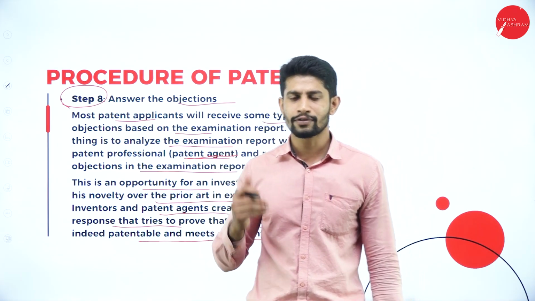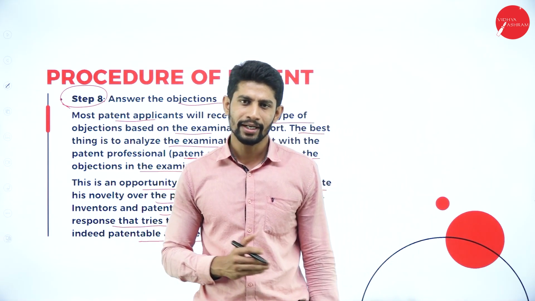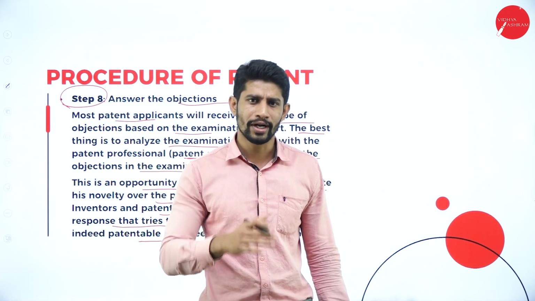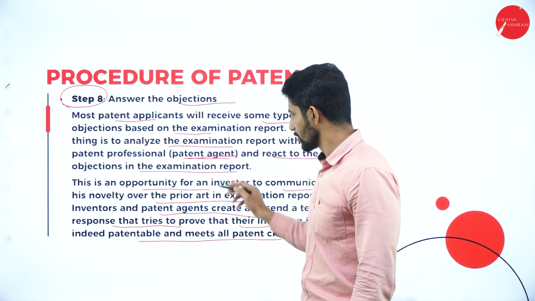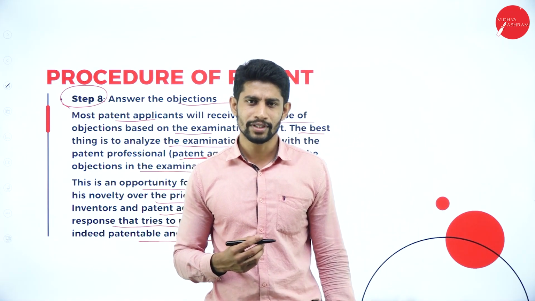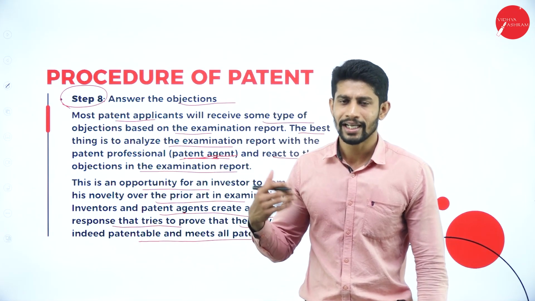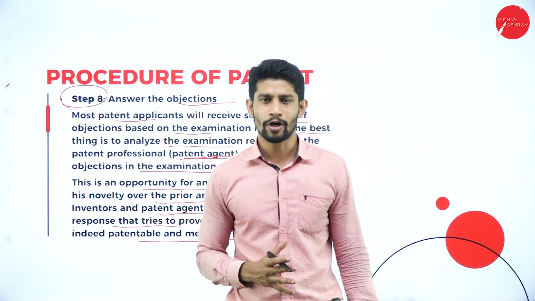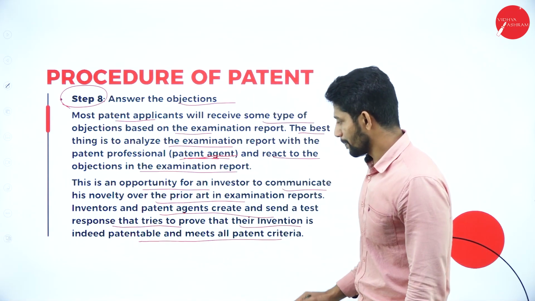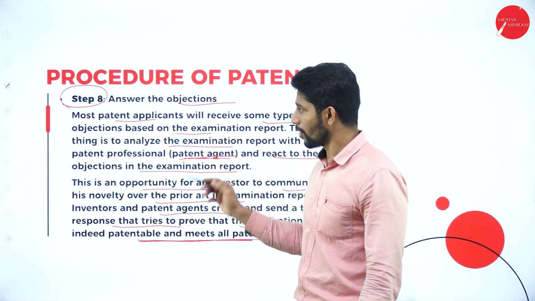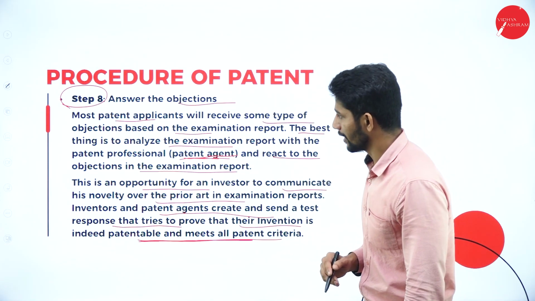So if an objection is filed by the examiner, then as an applicant, you are supposed to meet the person who can give the solution, that is the patent agent. By taking the suggestions of that person, you can answer the objection of the examiner again by stating that your invention is proper and capable of getting a patent. So this is what is involved in step number 8.